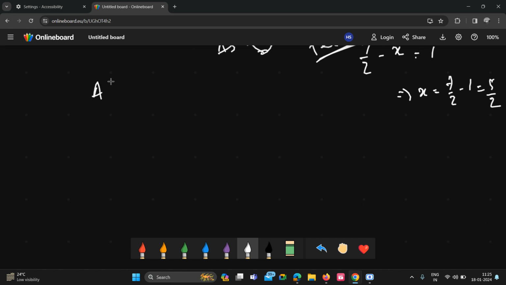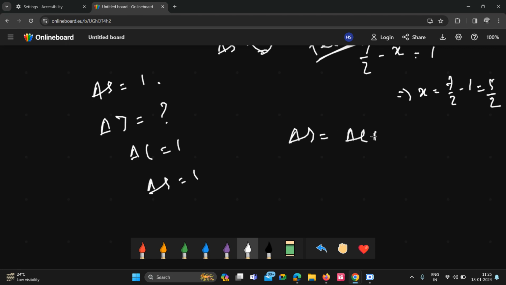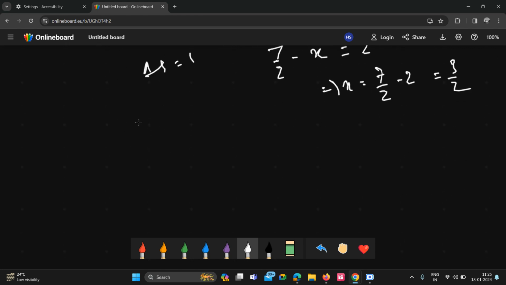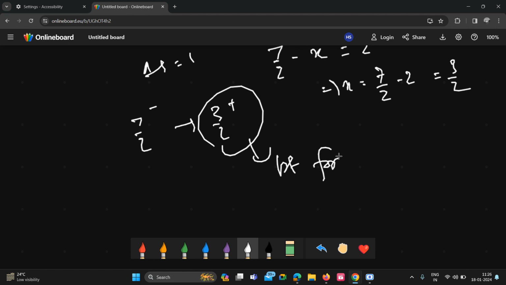Now del S is 1. If I put del S is 1, del J is equal to how much? Del L is 1, del S is 1, so del J is del L plus del S, that is 2. So 7 by 2 minus x is equal to 2. So x is 7 by 2 minus 2, that is 3 by 2. So the right hand side can be 3 by 2 plus. This would be first forbidden by GT.